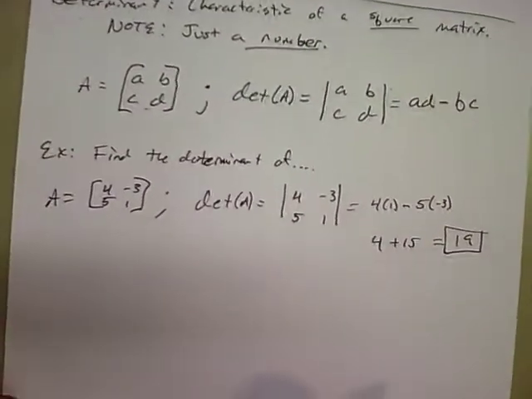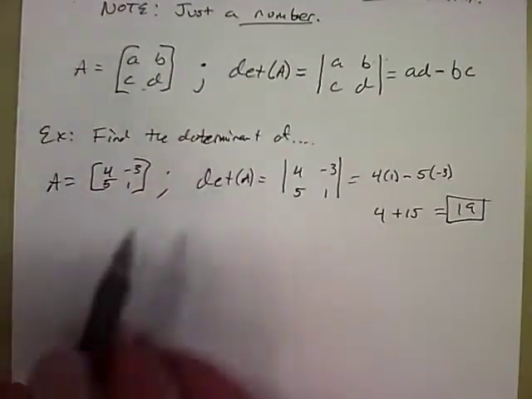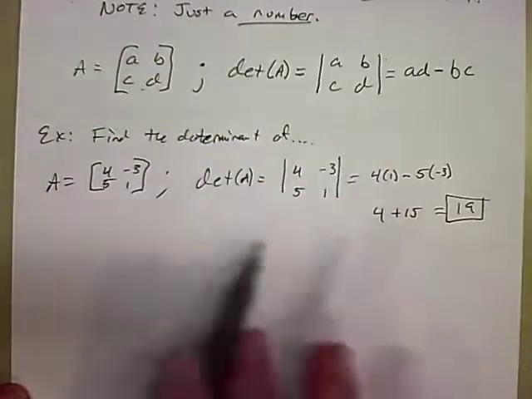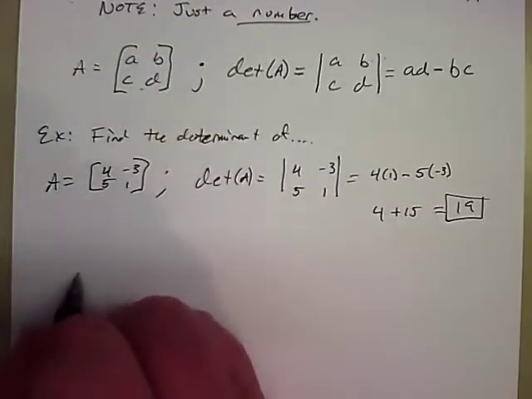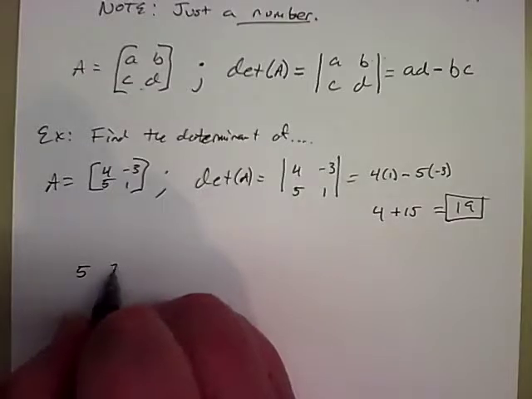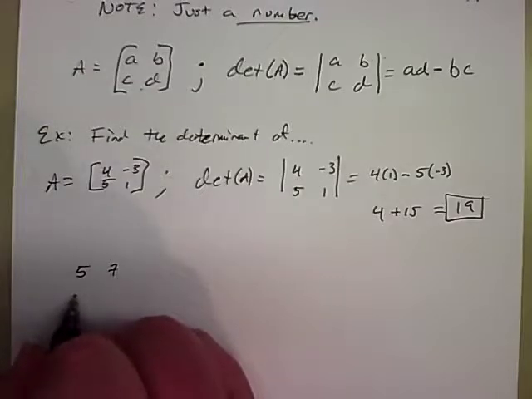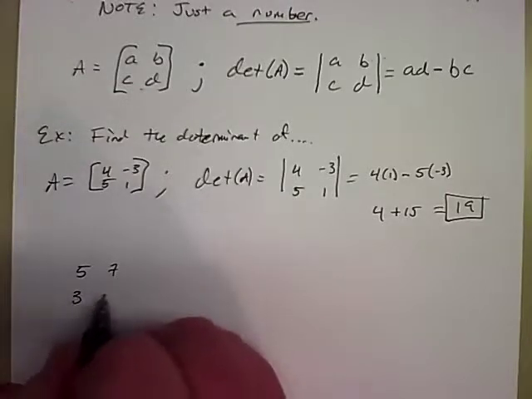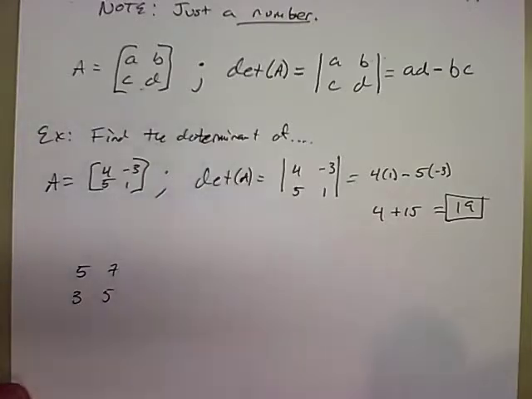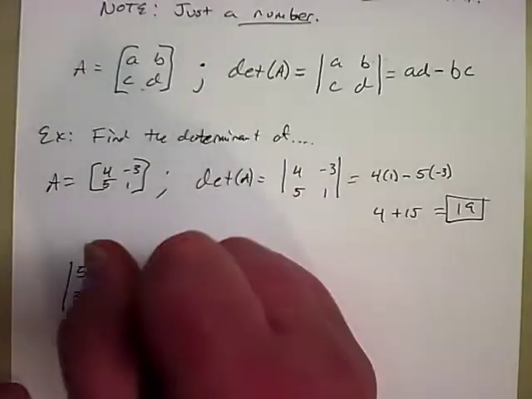All right, let's do another example here. I'm going to skip all of the niceness here. Let's go with 5, 7, 3, 5. Let's find that determinant.